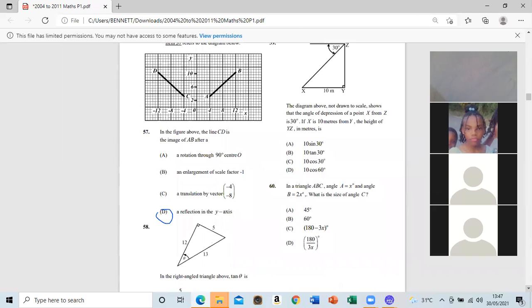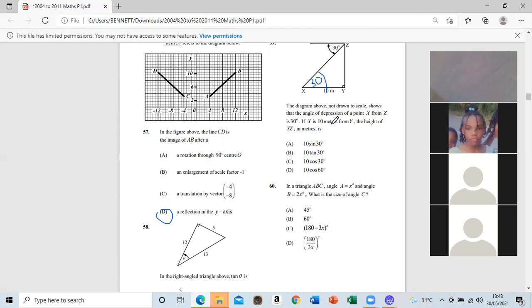All right. The diagram above, not drawn to scale, shows the angle of depression of point X from Z. So this is 30, which is this, right? We just put it in right away. For every angle of depression, you have an angle of elevation, right?